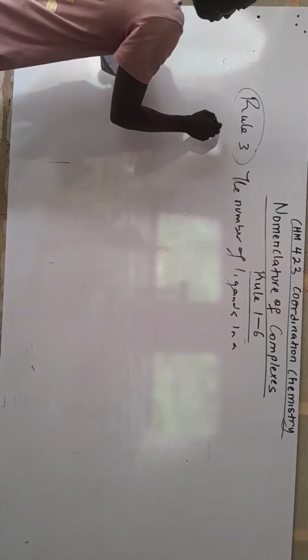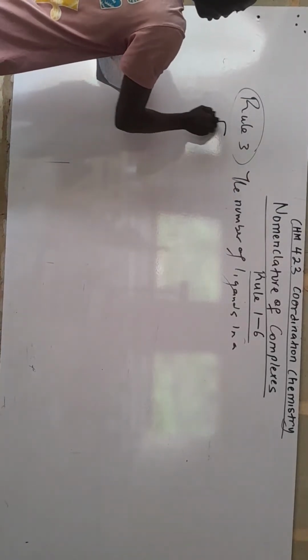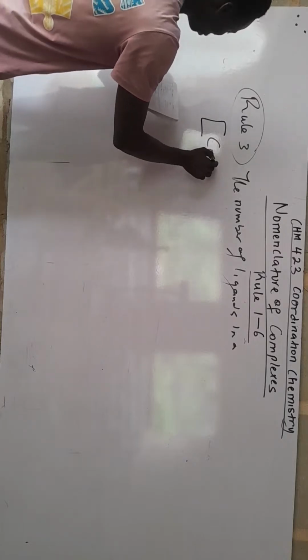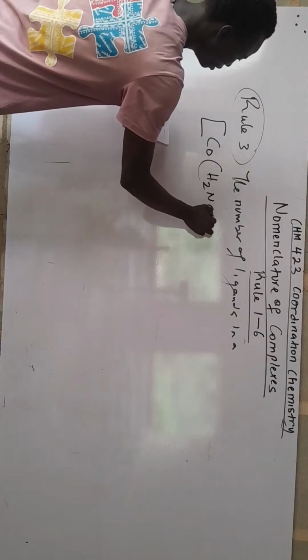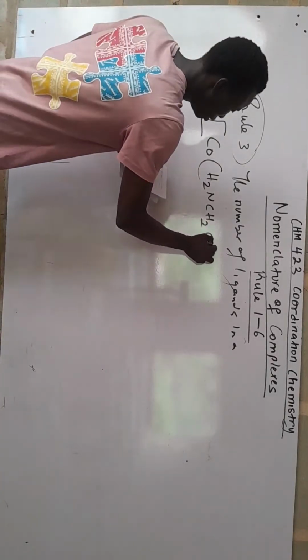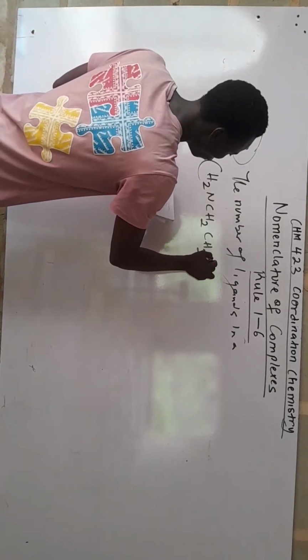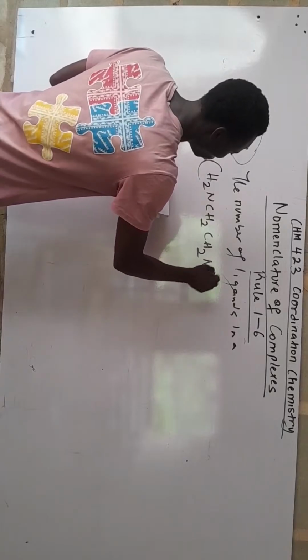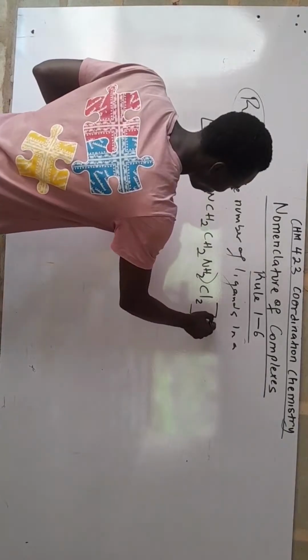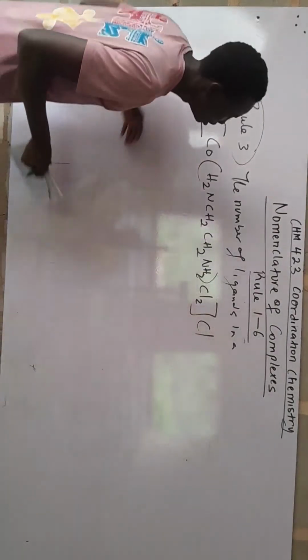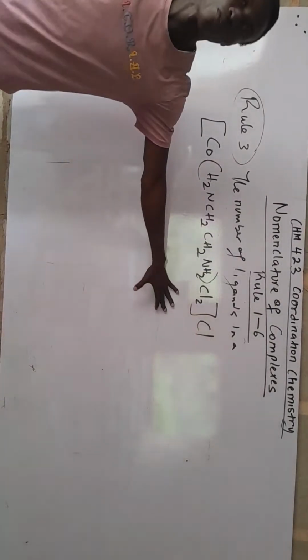So let us name, under rule number 3, this compound: Co, H2N, CH2, CH2, followed by NH2. Now we have Cl2 there, then we are going to have Cl outside. This is the coordination sphere.